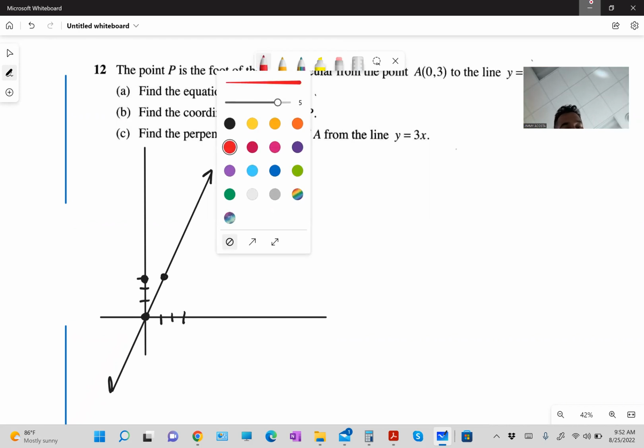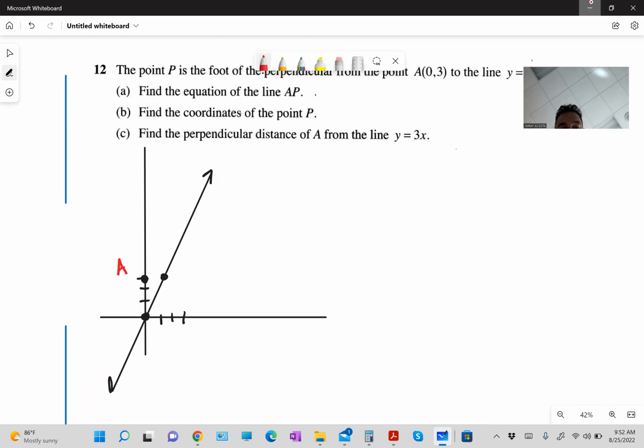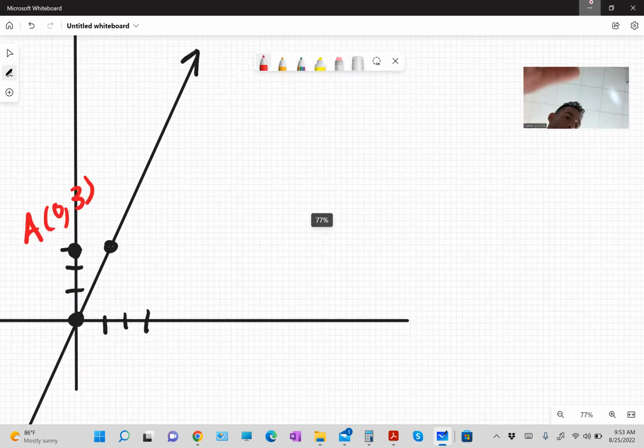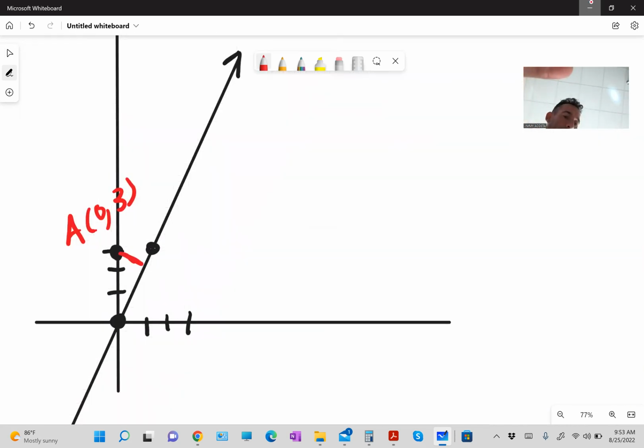So A is (0, 3). Now it says the point P is the foot of the perpendicular from the point. So I see it now. If I were to make a perpendicular line here, this intersection right there would be P, because that would be the foot. Does that make sense?